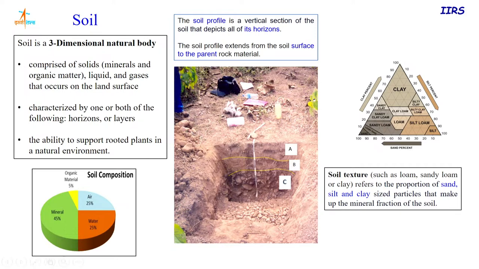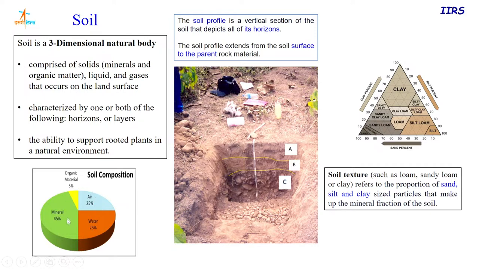If we see how the soil is formed, the composition is mineral matter, that is 45%, then organic matter, that is 5%, and air and water, that is 25% each.